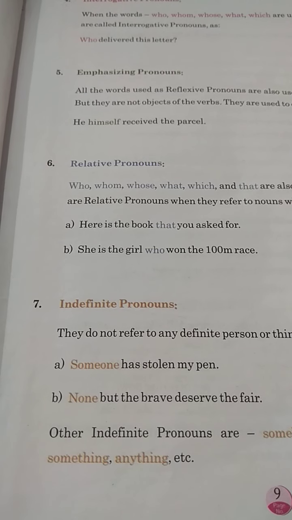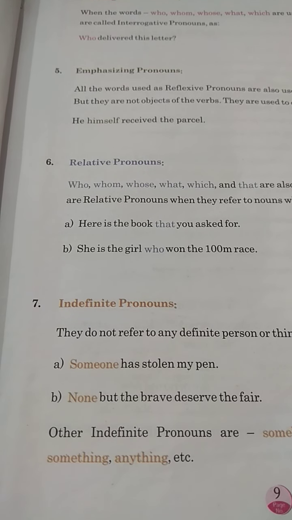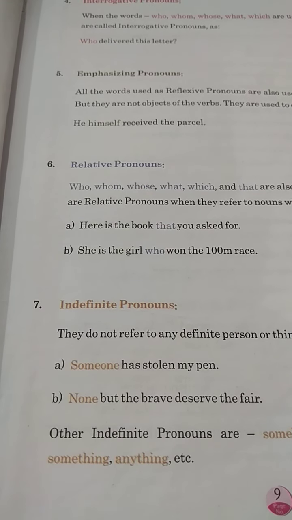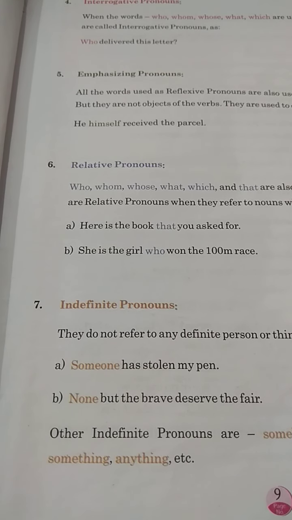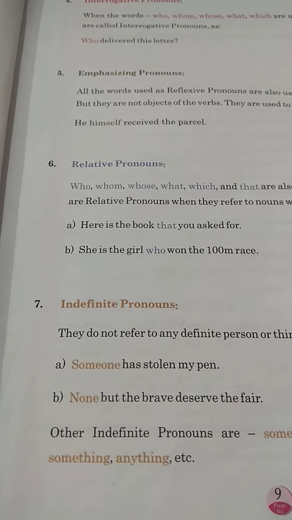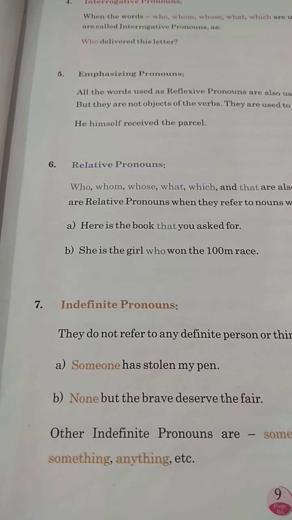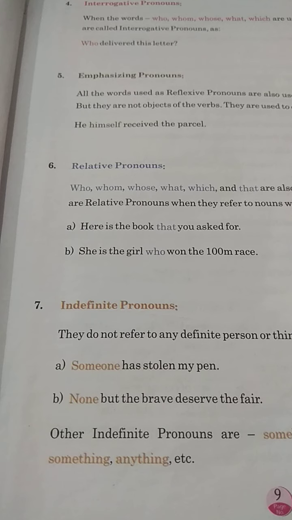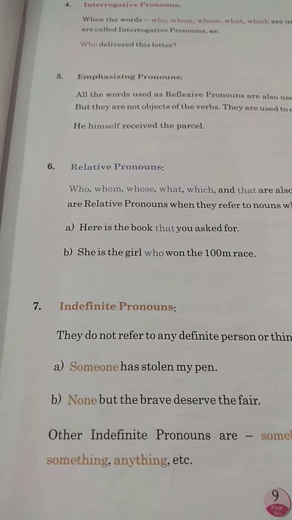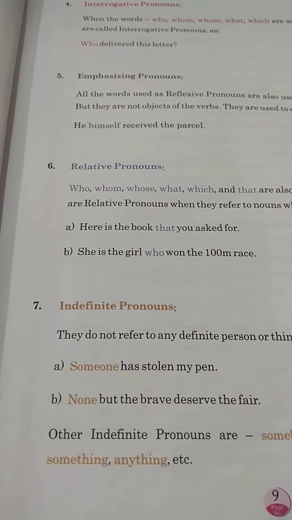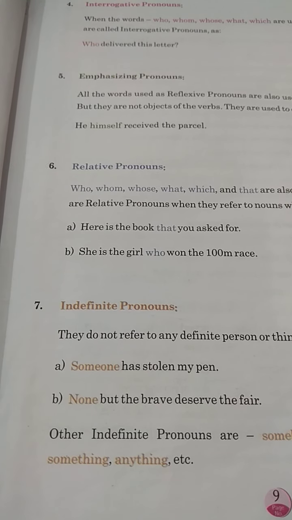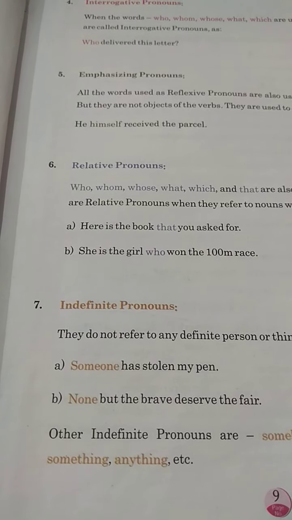Everybody praised the brave little boy. So the words one, none, someone, somebody, anyone, everyone, no one, many, a few, all, nobody, everybody are indefinite pronouns. They do not refer to any particular person. A pronoun that does not refer to any particular person is called an indefinite pronoun.